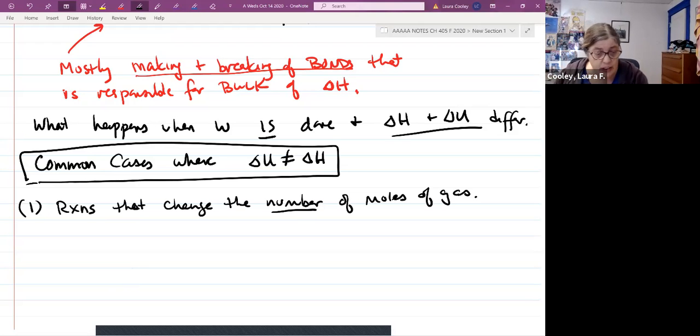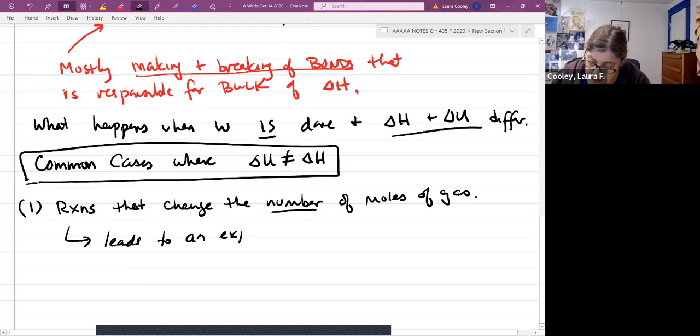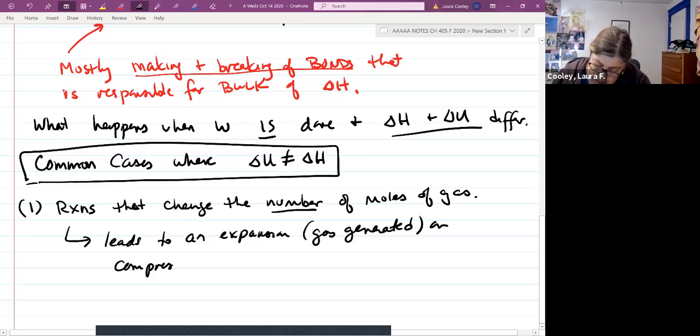It doesn't have to be all gases. But what happens is that if gas is generated, this leads to an expansion, or clearly a compression if gas goes away.